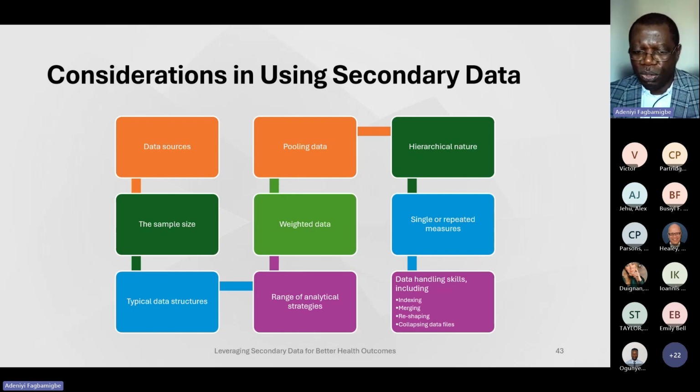What are the data structures? How does the data look? Which analytical strategies can you use, and so on and so forth? Do you need to weight your data? What is weighting? In sample surveys, for example, say we are doing a sampling and you've interviewed maybe 100 people in Birmingham and 100 people in Coventry.